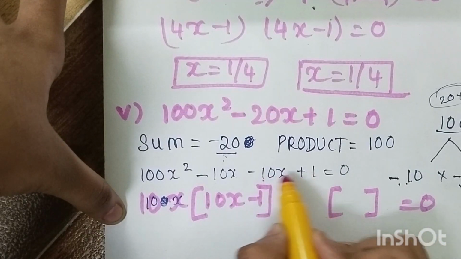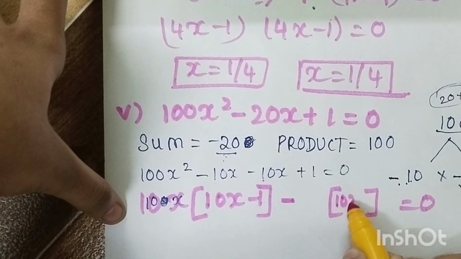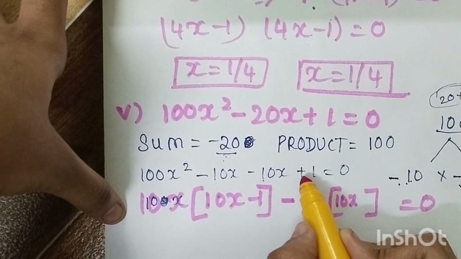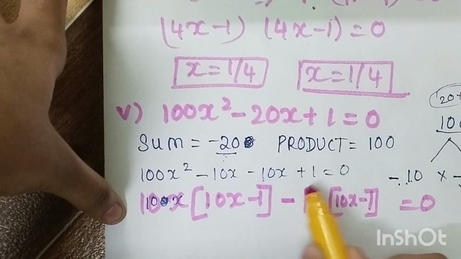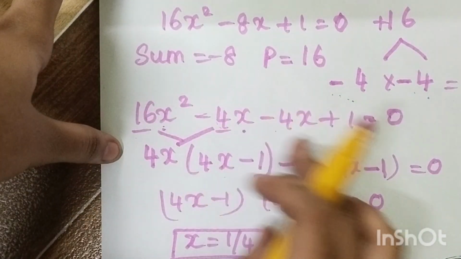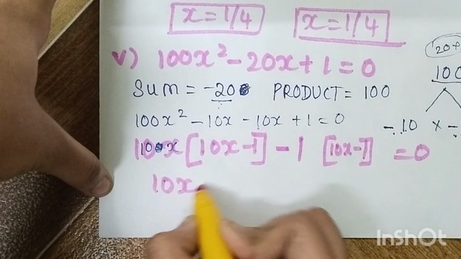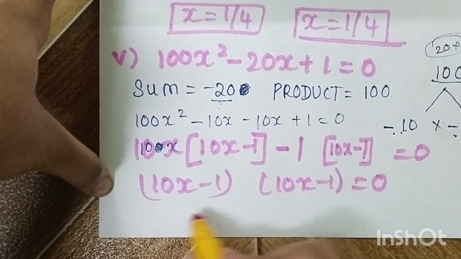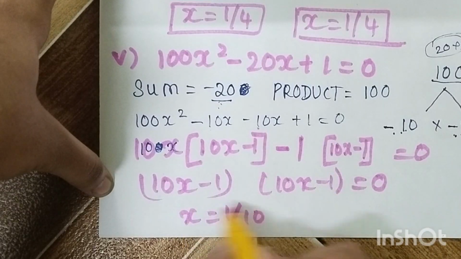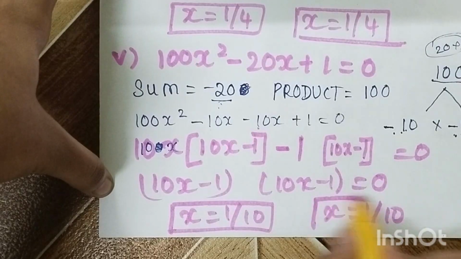So I have to take the minus as common out, so I'll get 10x, and here +1 will become −1. Same procedure, whatever we have made here, same here. So 10x − 1 is equal to 0. So x is equal to 1/10, and here x is equal to 1/10.